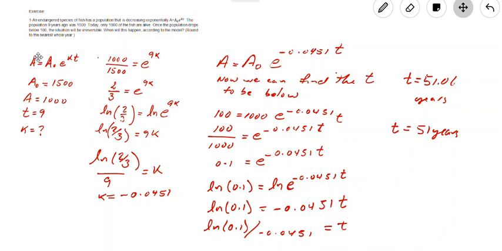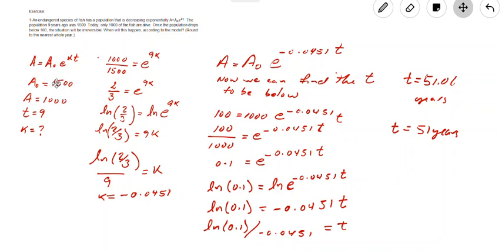So first, we have to understand what information they give us. They give us what the scenario was 9 years ago. 9 years ago, so time is 9. We had an initial population of 1,500. After those 9 years, the actual population is 1,000, right?